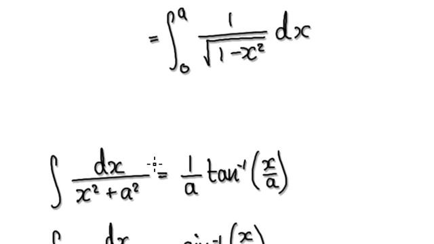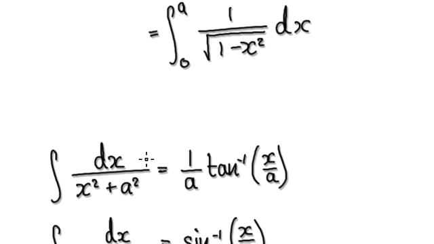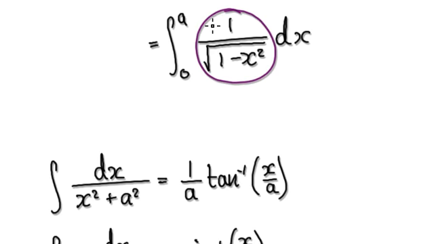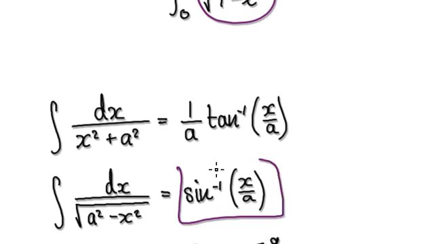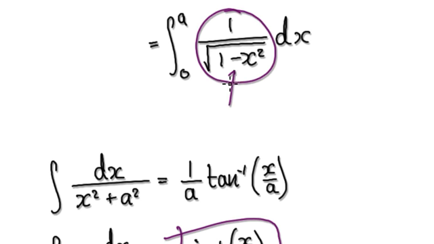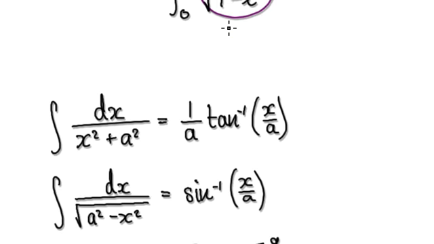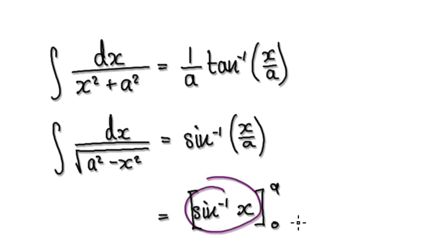Well, if you look at this, here you've got the square root of 1 minus x squared. So that's of this form here: 1 squared minus x squared, and then you've got a square root. So really to integrate this, we should use this. Integrate that, it would be inverse sine. Okay, so integrate this, it would be this, and remember we are evaluating it from 0 to a.